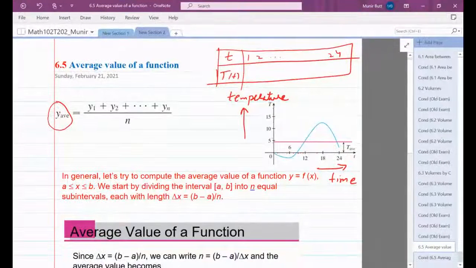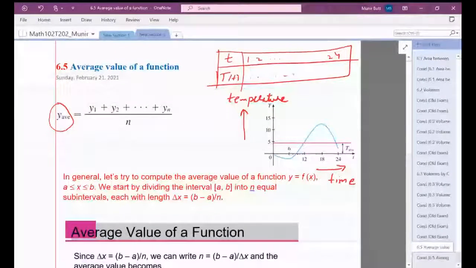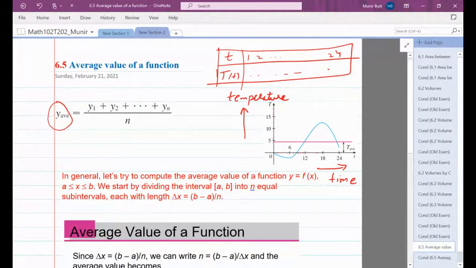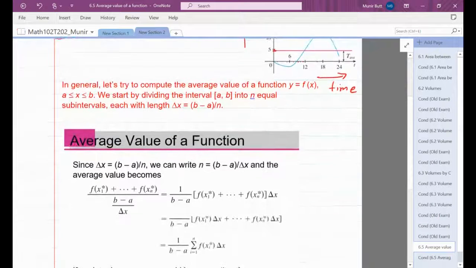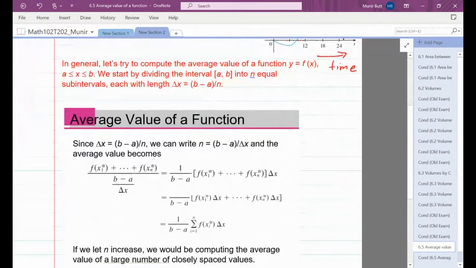You calculated the temperatures and then graphed them, and you saw that this is where the average value lies. Now the question is how you find it, and what the mathematical way to compute it is. This is the lecture. Now let us see how it is done.